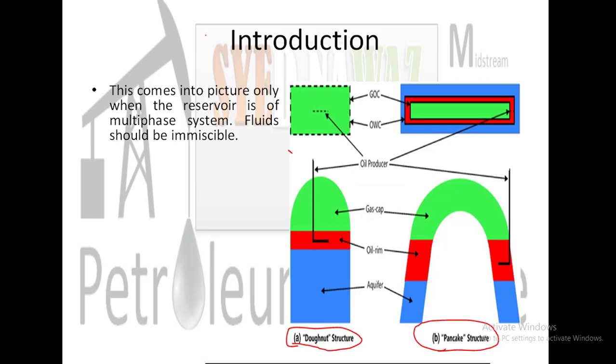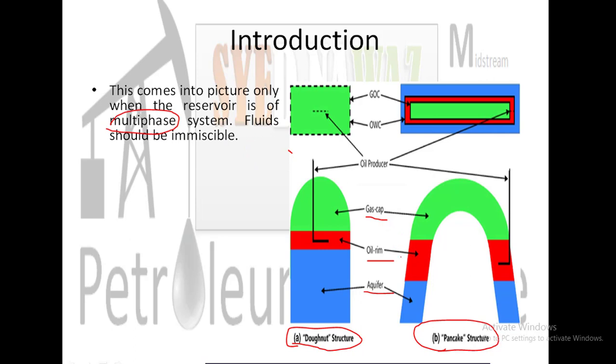Surface tension and interfacial tension come into the picture only if our reservoir is a multi-phase fluid system. Here the reservoir has multiple phases: first the aquifer, which means water, second oil, and the third phase of matter is gas. In this reservoir you can talk about surface tension and interfacial tension.